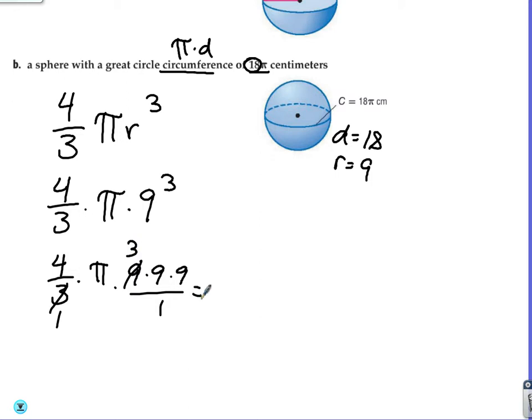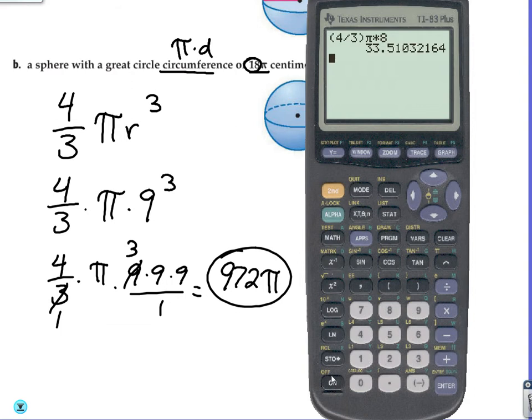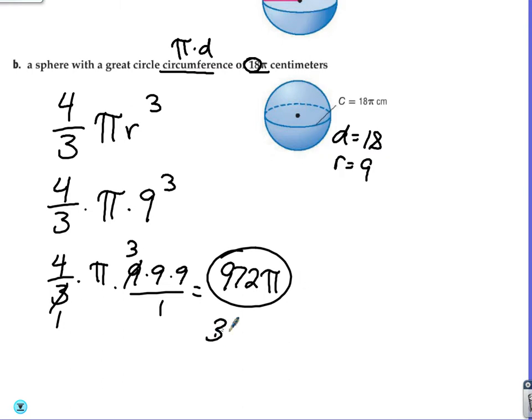That's 12 times 81, which is what? So final answer there, 972 pi. Or if we wanted the approximate, 972 pi is about 3053.6. And that's in centimeters cubed, fill it with cubes.